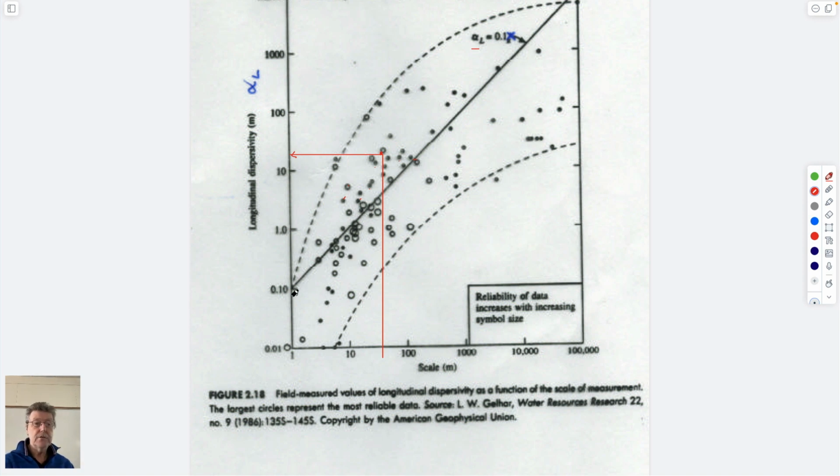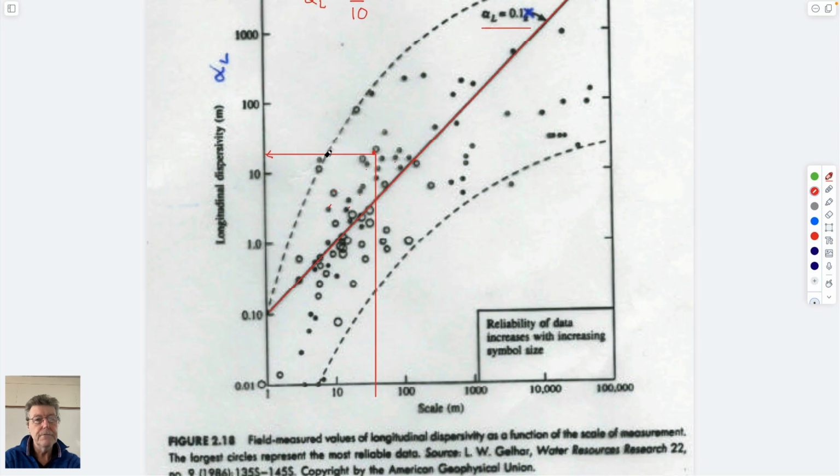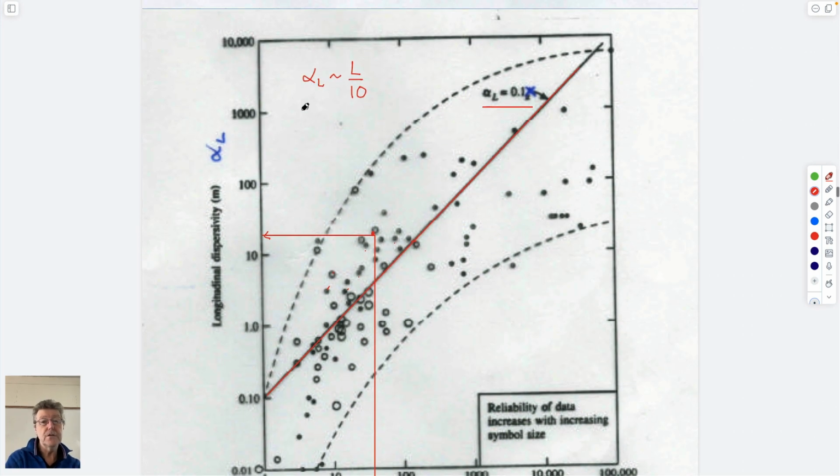And if you try and draw the best fit line between these data, you get a value of this longitudinal dispersion coefficient is about equal to the length of the plume divided by 10. Which is exactly what this is. This is 0.1 times alpha L. And so that means that you can immediately get the value of dispersion coefficient from using that, right?